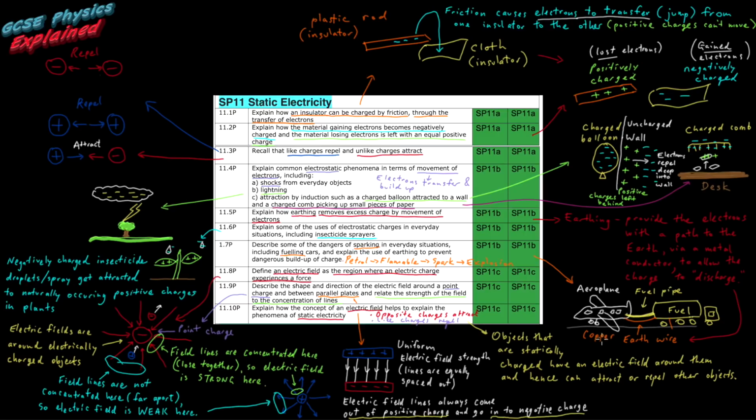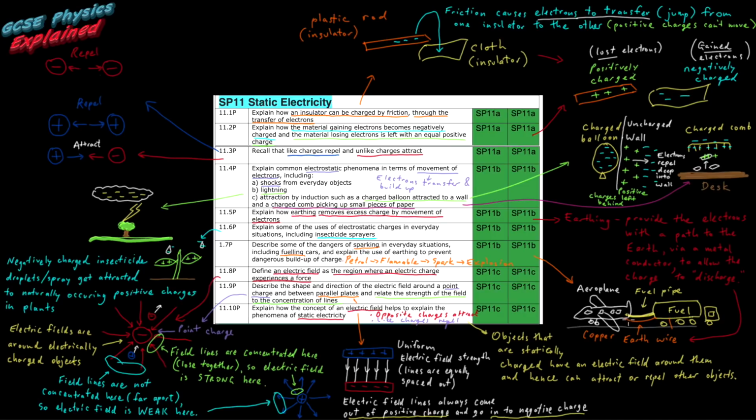So what you do is you get a copper earth wire, and before you start pumping the fuel, connect an earth wire from the refueler to the object that you're fueling up. And if any electrons do get transferred, whatever charge gets built up on the plane, you'll get the same charge building up on the refueler. And so there'll be no motivation for the electrons to jump.